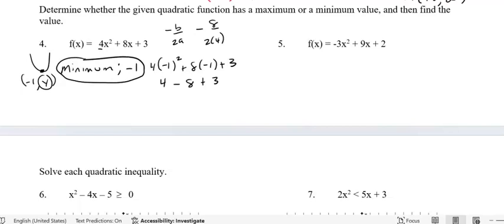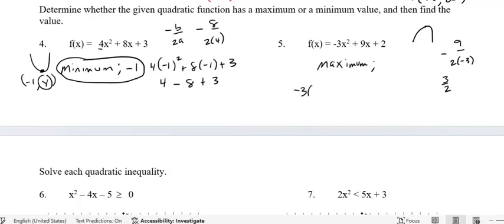And then same thing for number 5, just that this time the parabola opens upside down, so we're going to have a maximum. And for the value of the maximum, let's go ahead and find the vertex. So opposite of b over 2 times a. That's going to be positive 9 over 6, which is 3 over 2, or 1.5.